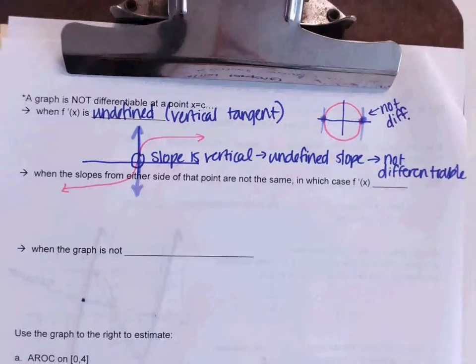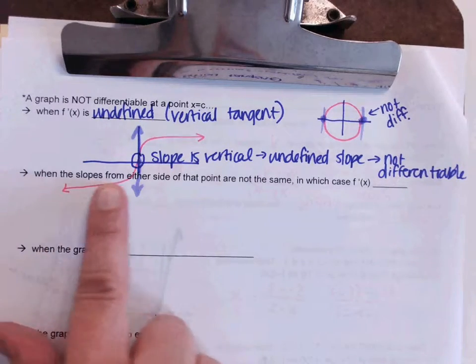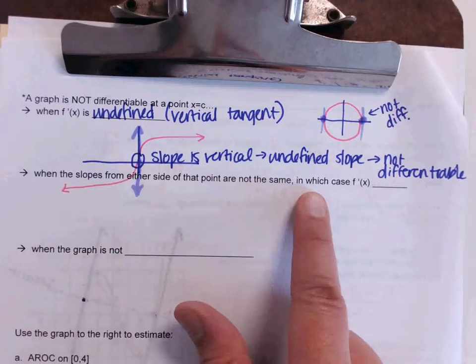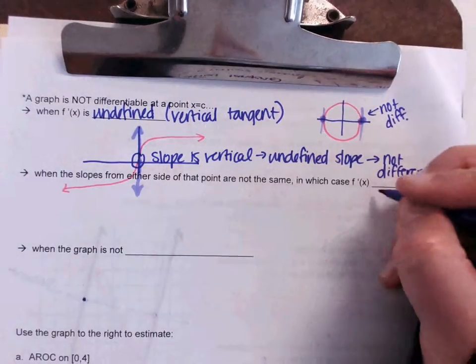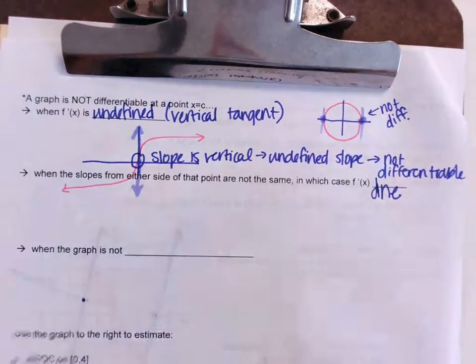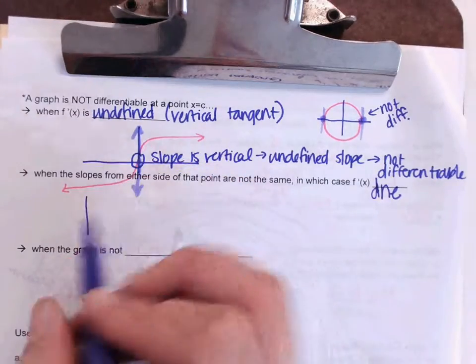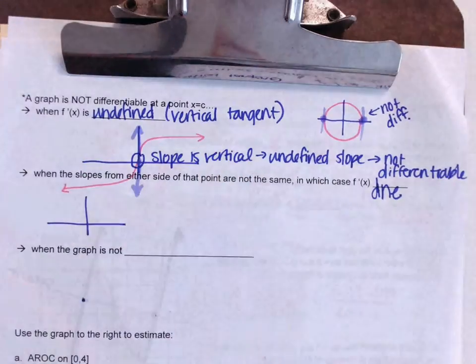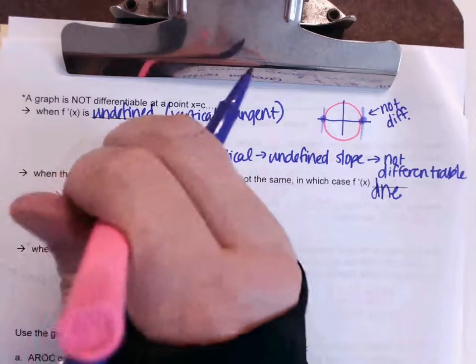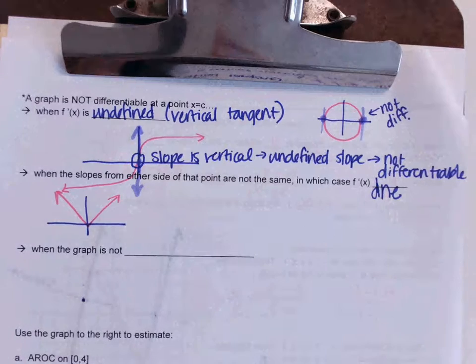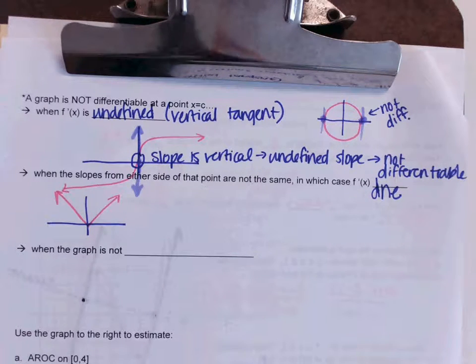Now, the other option for a graph to not be differentiable, read right here, is when the slopes from either side of that point are not the same, in which case f prime does not exist. And I'll show you 2 examples of that. The first one, draw the absolute value graph for me. So it looks like this. The reason you cannot draw a tangent line on this graph is because there's no way to put a line on it where it's going to perfectly match both sides.